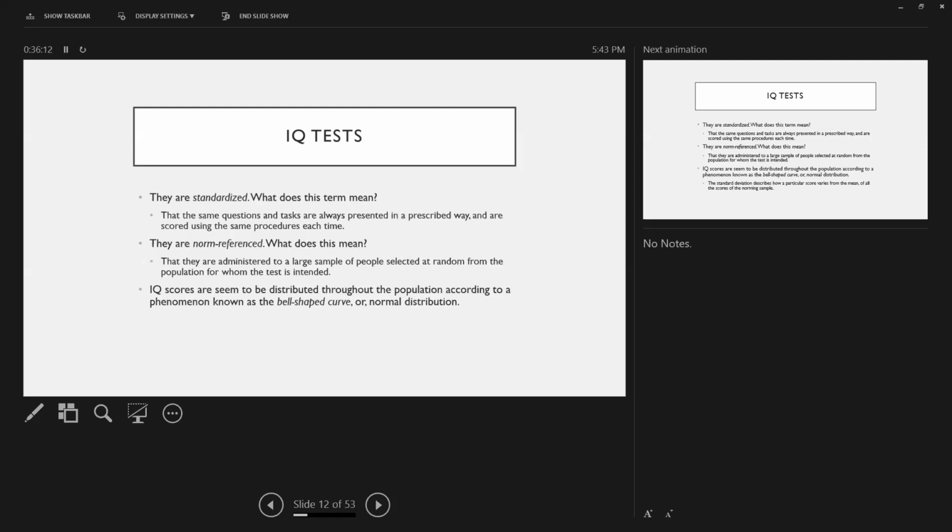And interestingly, with an IQ test and with any test that has been shown to be valid and reliable, if you give it to enough people, the scores will form a distribution, which is known as the bell-shaped curve or the normal distribution.